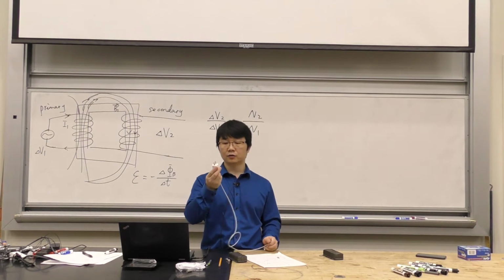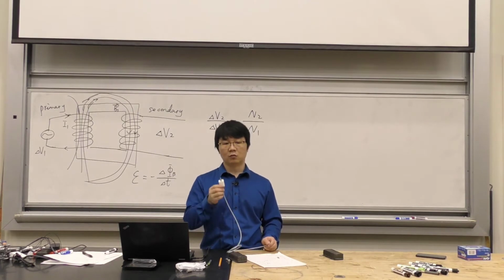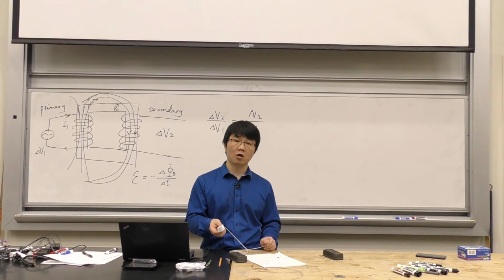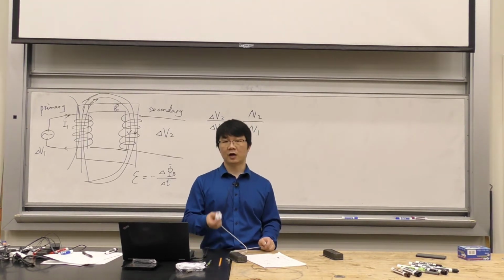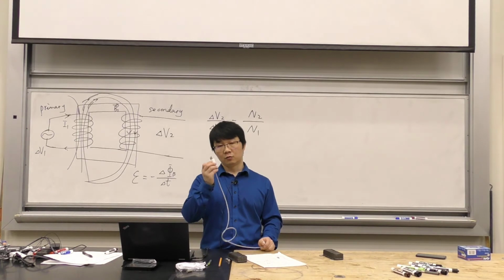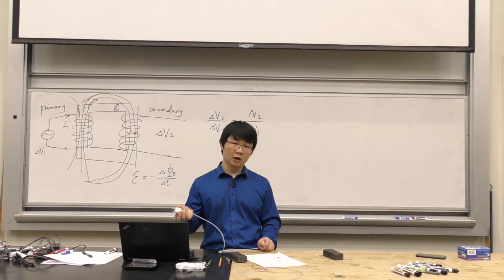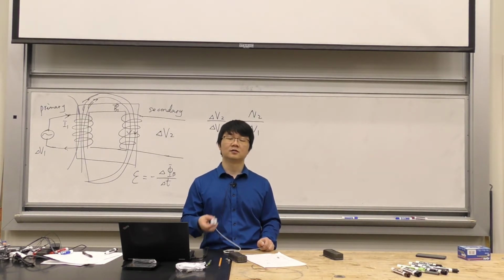So that is why you need to use this charger, this transformer here, because 120 volts or 220 volts in China, that voltage is too high for an iPhone, okay? If you connect your iPhone directly to this wall outlet, that's going to damage your iPhone, okay? So what this guy does is that it's going to convert the voltage from the wall outlet to 5 volts, which the iPhone likes. Okay, so that's a transformer.